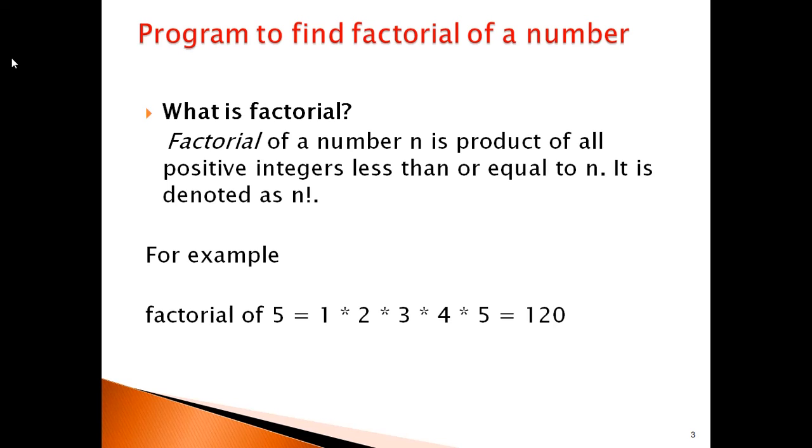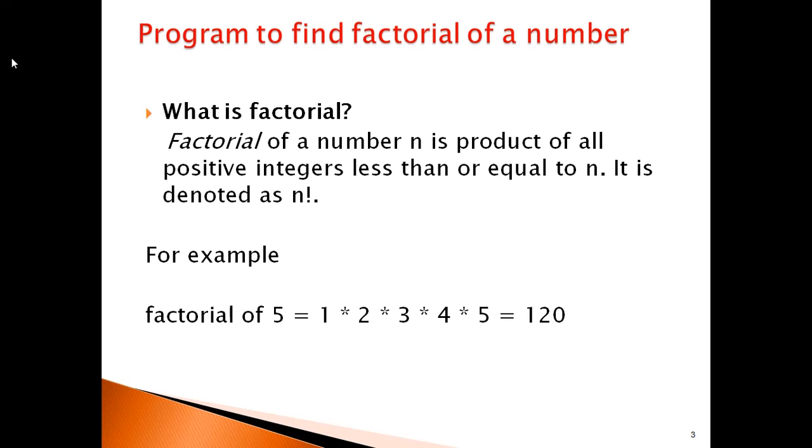To find the factorial of 100, you should find the product of all the numbers from 1 to 100. This is the factorial of a number.